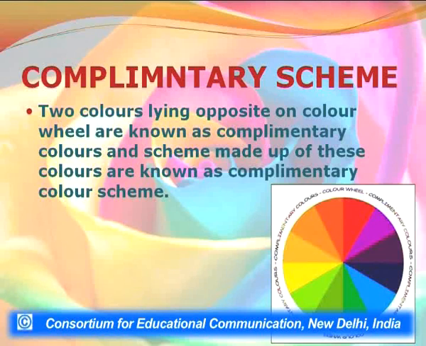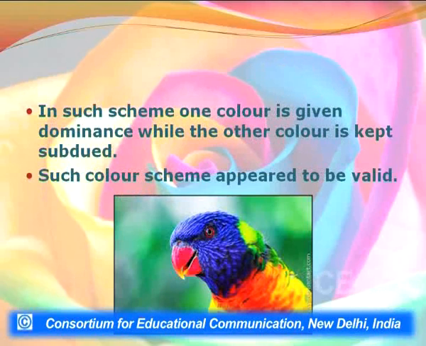Then purple and green, a different shade, that is I think yellow green, then it is complementary. Yellow and purple, then it is complementary. So there are 2 opposite colors on a color wheel. In such a scheme, one color is given dominance while the other color is kept subdued.